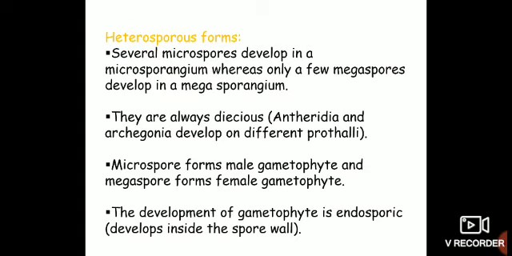The development of gametophytes takes place inside the spore wall. The important point that you will remember once and for all about the heterosporous forms of pteridophytes is that the microspores form male gametophytes and the megaspores form female gametophytes. That means they are dioecious.